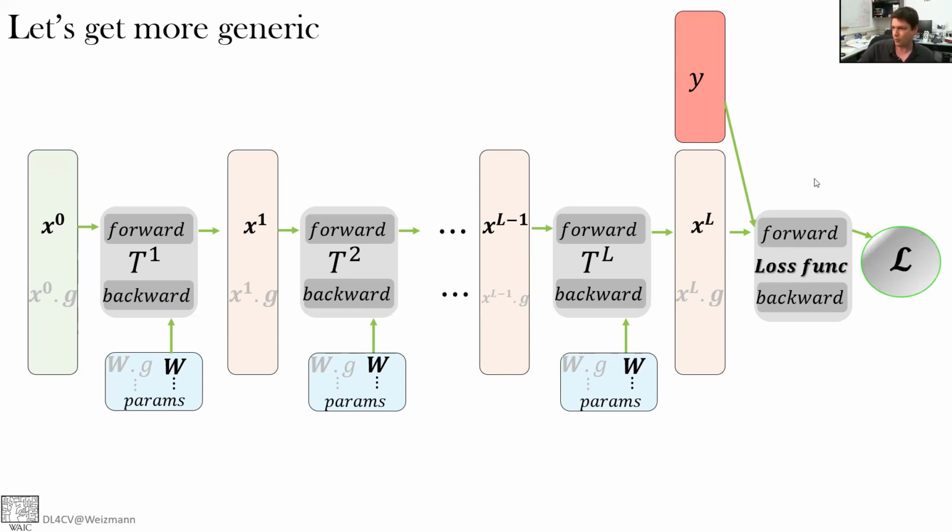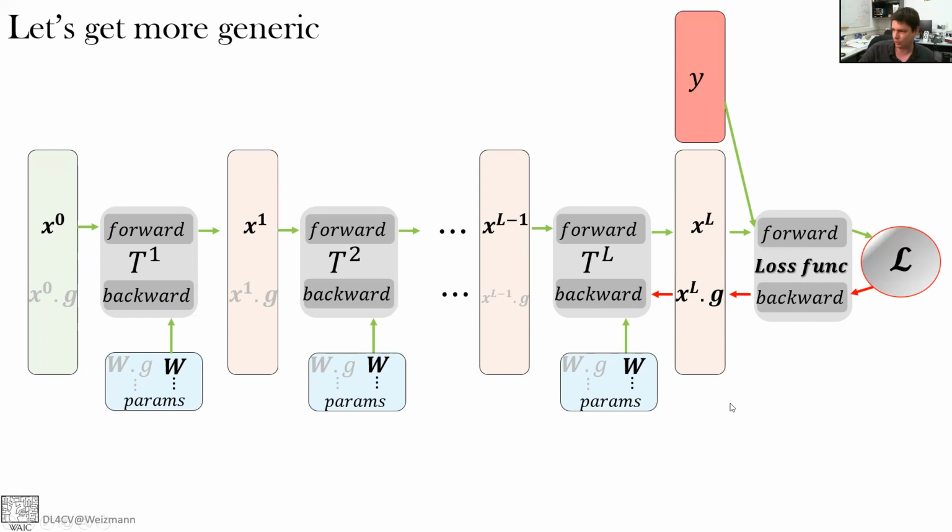Okay, now we want to do the backward pass. So we take the loss and we take the derivative of the loss with respect to XL. This is what happens behind the scenes, but what really happens programmatically is we just use the backward method of the loss function, and now we're able to get XL.g, this is the gradient of this output layer.